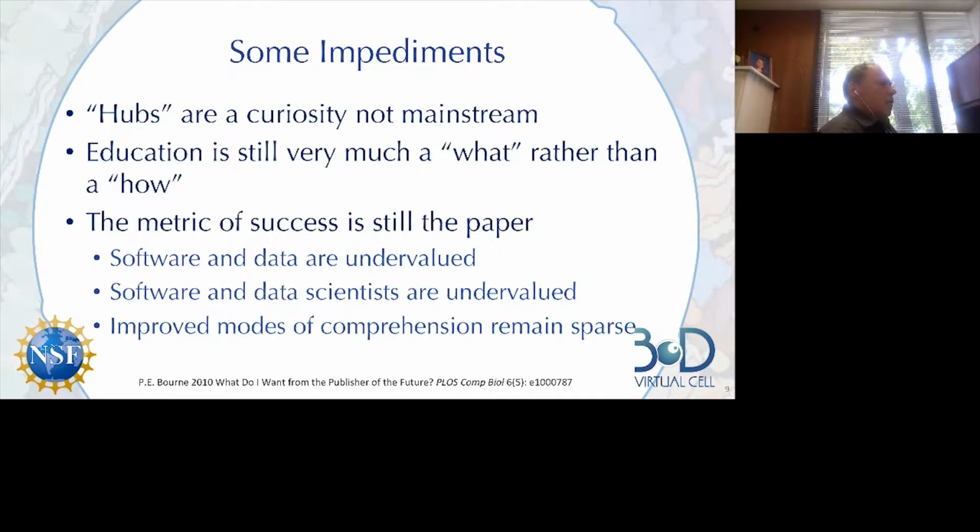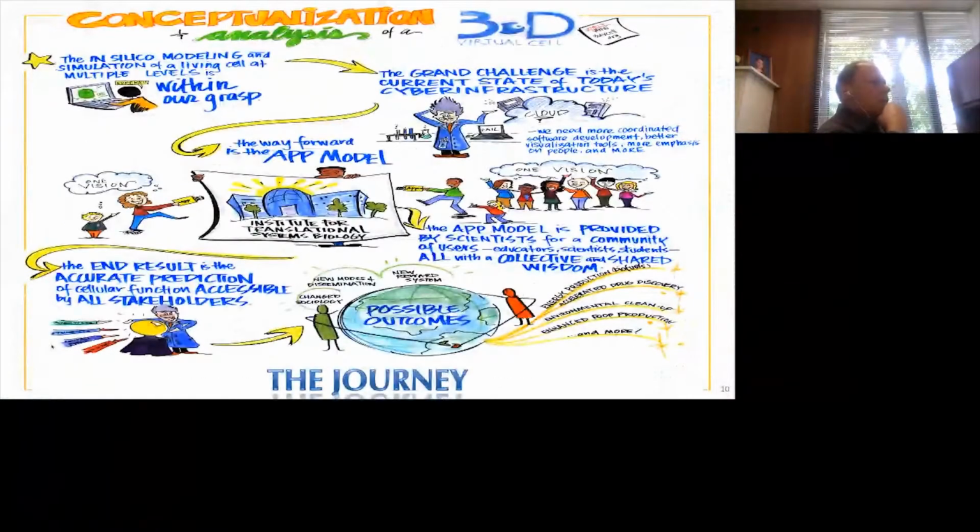So this is an example of the conceptualization of the 3D virtual cell project. I've said a little about some of this already. Basically, it's any of these kinds of projects. This one included is really a journey, and ultimately in this case, the end result would ideally be to have accurate prediction of cellular function that's acceptable to all stakeholders.